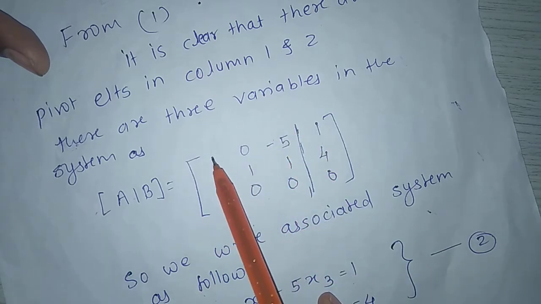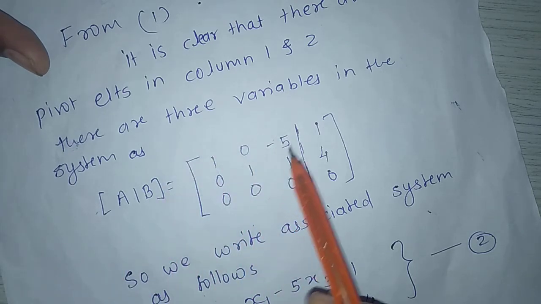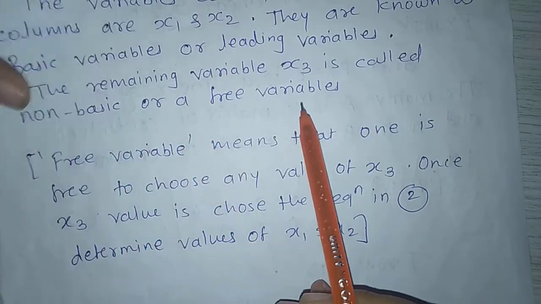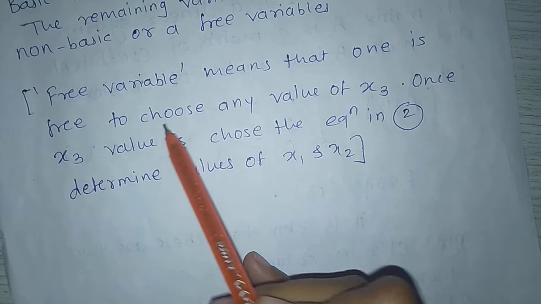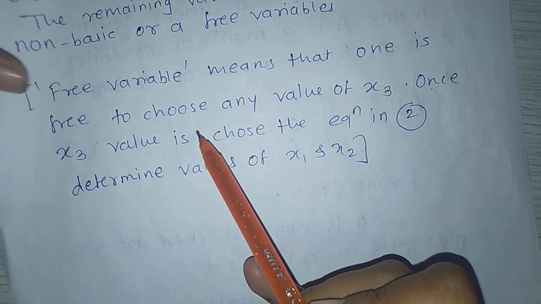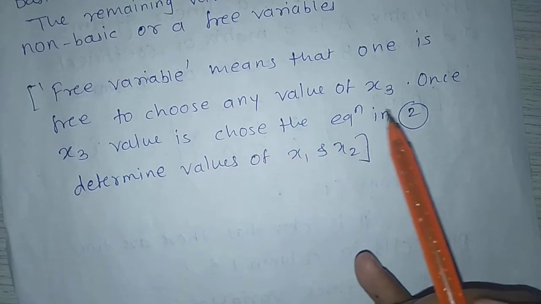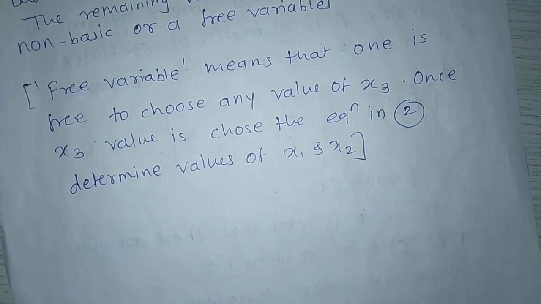Pivot elements occur at the first and second column, so x1 and x2 are the basic variables, and a pivot element does not occur at the third column, so x3 is called non-basic or a free variable. Free variable means that one is free to choose any value of x3. Once the x3 value is chosen, the equation in 2 determines the values of x1 and x2.